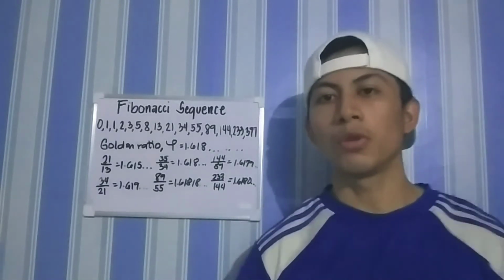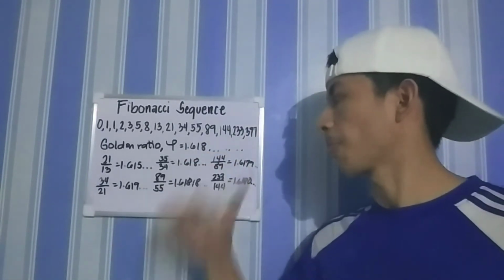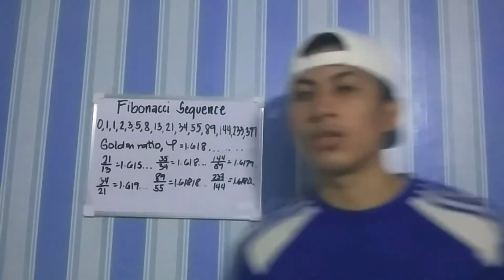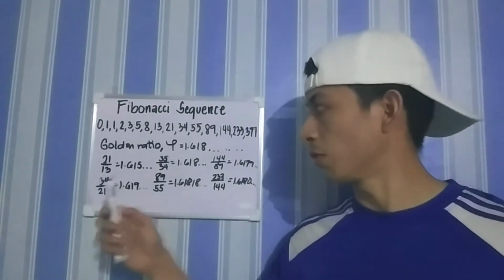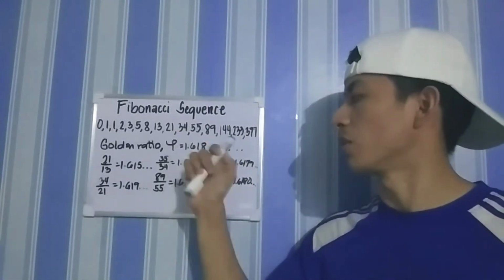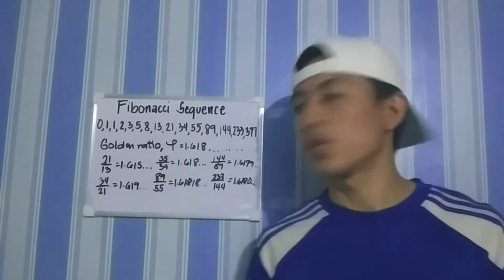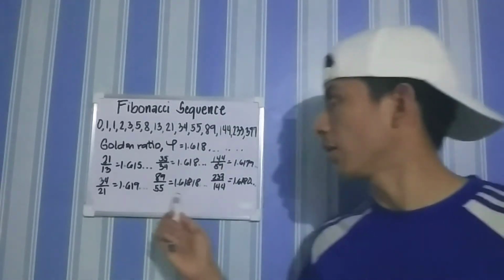So what is the role of the golden ratio in our Fibonacci sequence? The golden ratio is one of the ways for us to determine the next number in our sequence. How? It will serve as a multiplier.